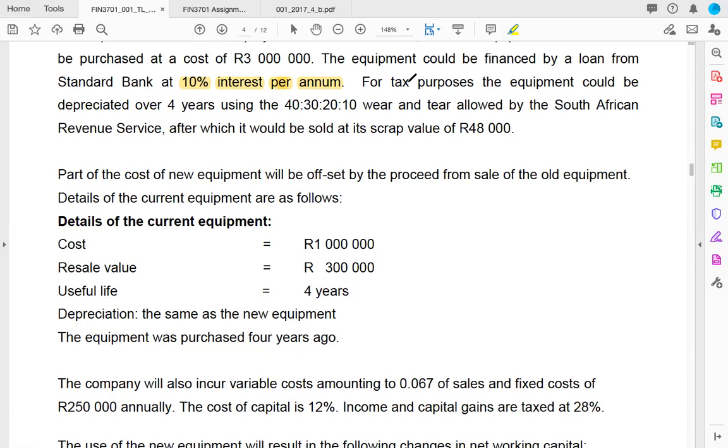However, if the useful life was 4 years and we were told that the machine was purchased 3 years ago, then we would still have a book value.